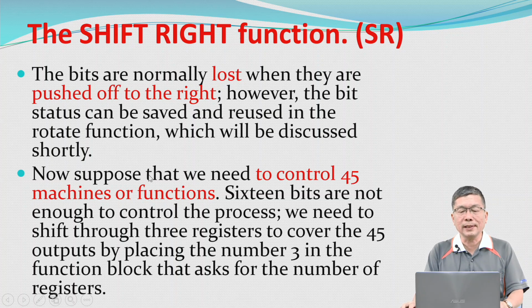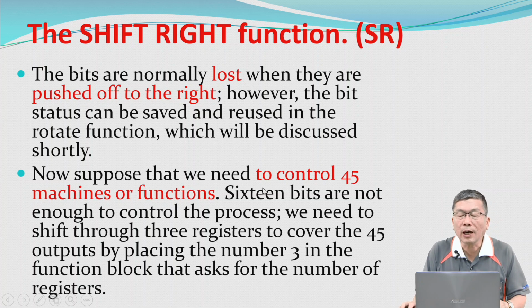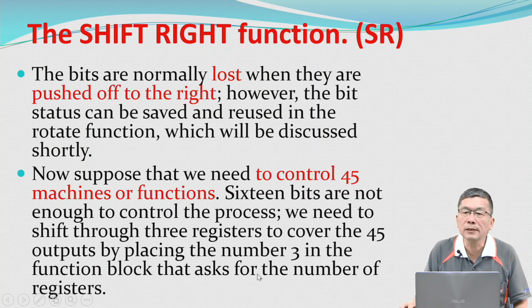Now suppose that we need to control 45 machines or functions. 16 bits are not enough to control the process. We need to shift through 3 registers to cover the 45 outputs by placing the number 3 in the functional block that asks for the number of registers.